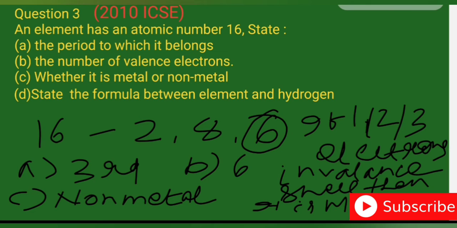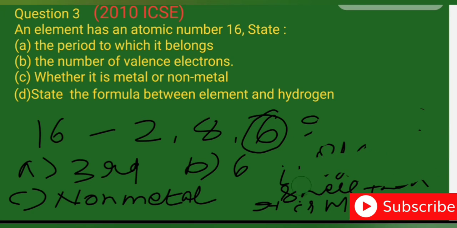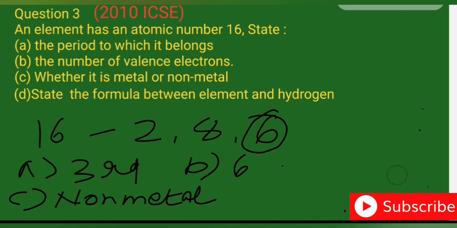Is it clear? Now state the formula between the element and hydrogen. See children, here the name of the element is not given, but we know the atomic number 16, so definitely the element is sulfur.